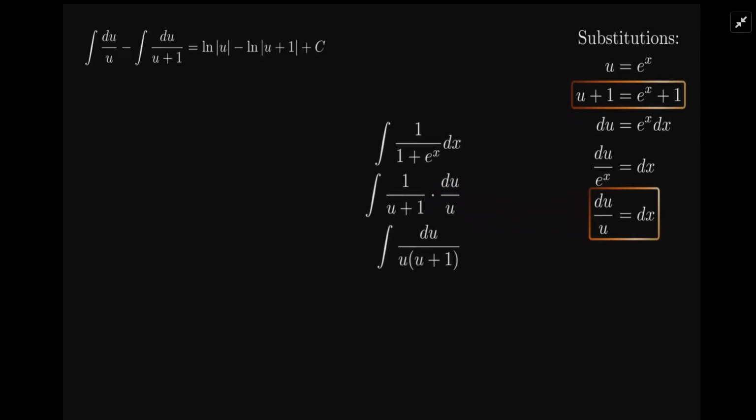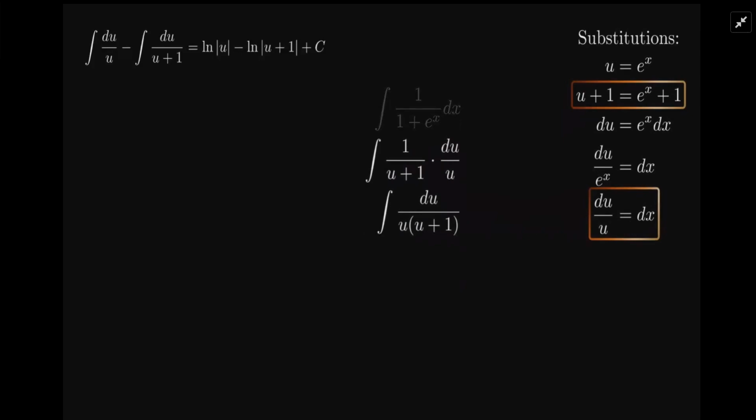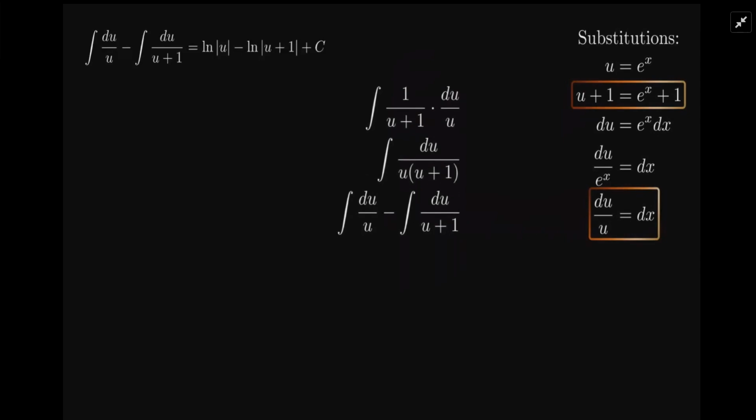We know that we can split that now into two fractions. That's from the part A. Okay. And the answer for that is in the left corner. So it's natural log of u minus natural log of u plus 1.